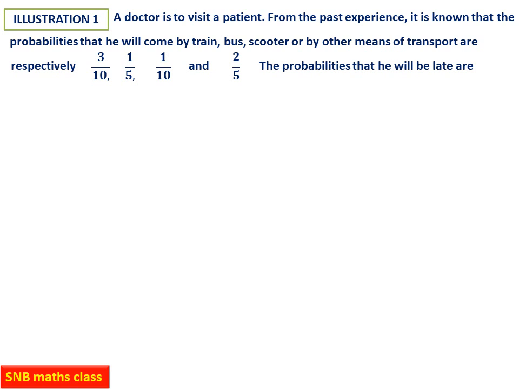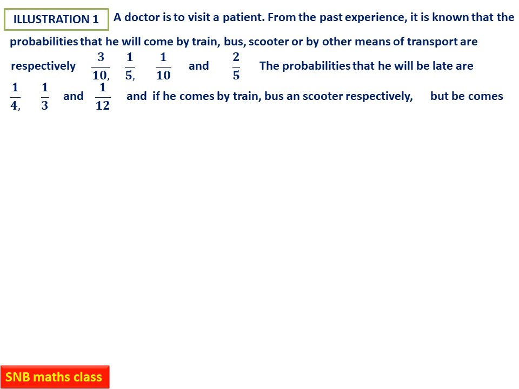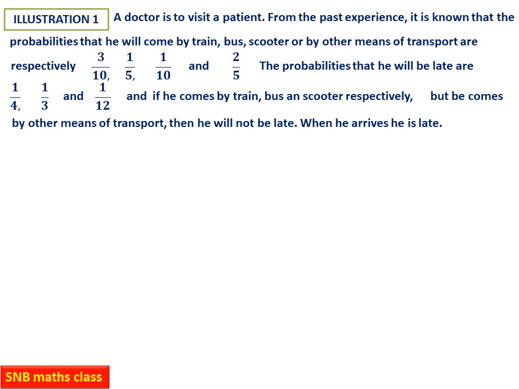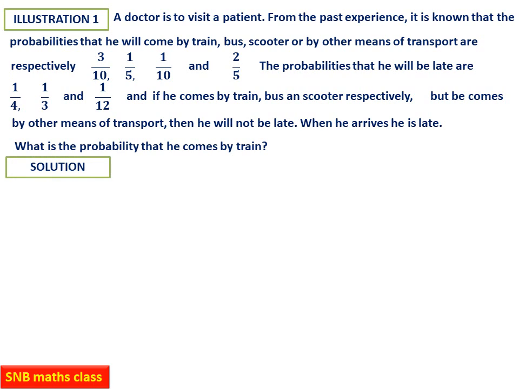The probabilities that he will be late are 1 by 4, 1 by 3 and 1 by 12 if he comes by train, bus or scooter respectively, but if he comes by other means of transport, then he will not be late. So for the first three he will be late, and for the last one, that is by other transport, he will not be late. When he arrives he is late. Now the question is this: what is the probability that he comes by train?